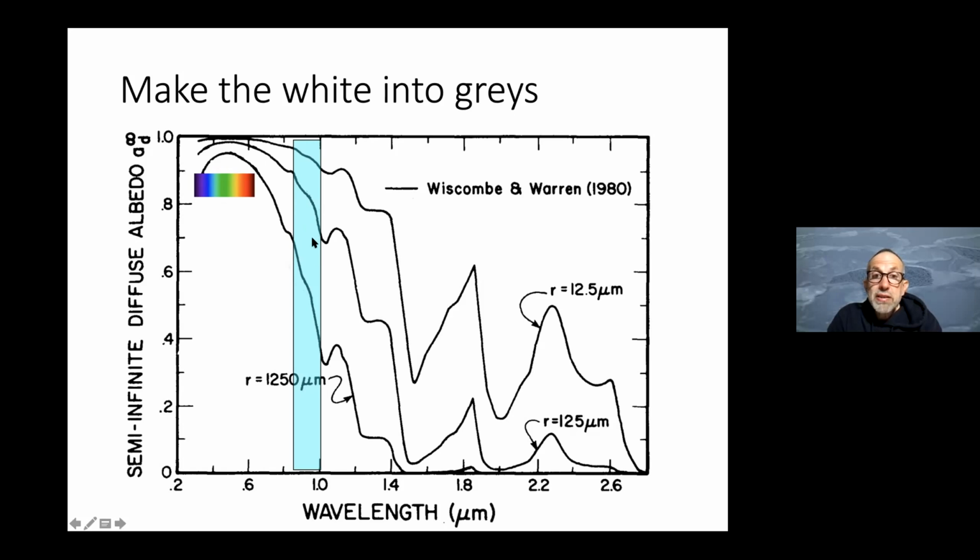I mentioned the near infrared: in this region, colored blue, around 900 nanometers, ice is not so transparent anymore.